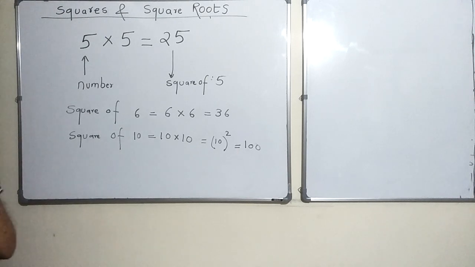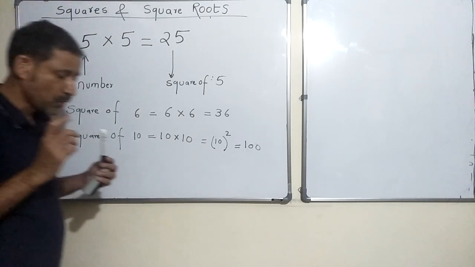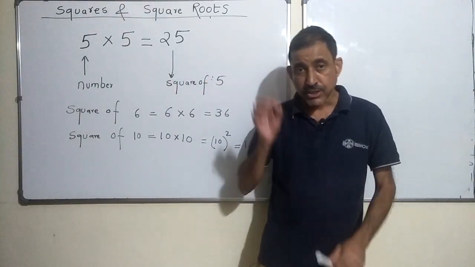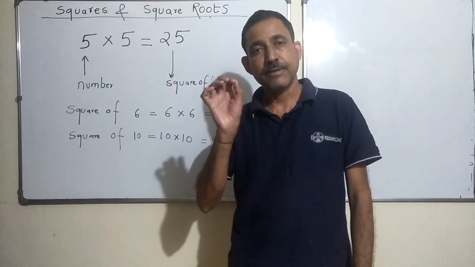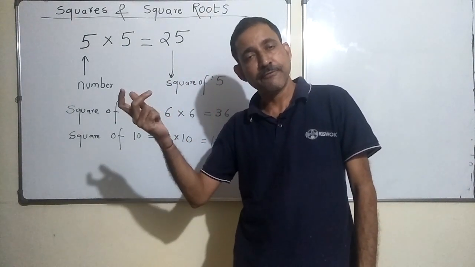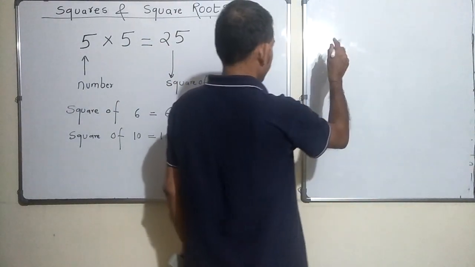The second thing that comes to mind is, what do you mean by a square root? Square root of a number n is that number which when multiplied by itself will give you n. Alright, so let us see what that means.